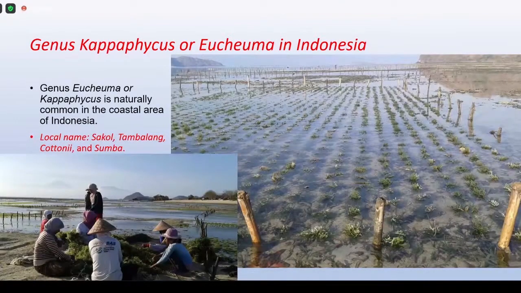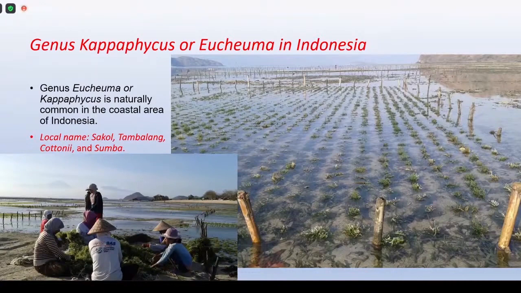And for the genus Kappaphycus or Euchema in Indonesia, this is very general. Genus Euchema or Kappaphycus is naturally common in the coastal area of Indonesia. And we can see the local names.